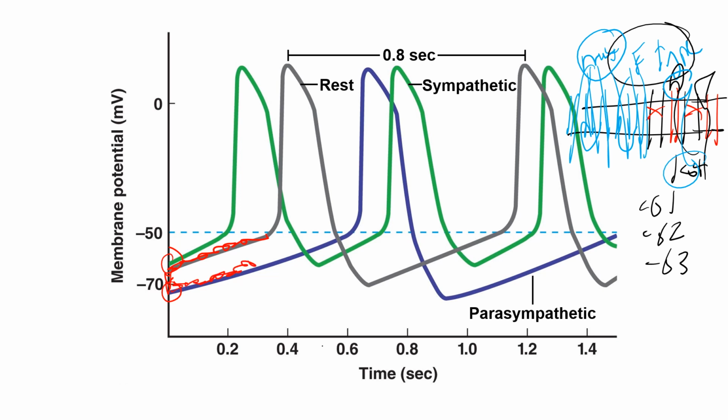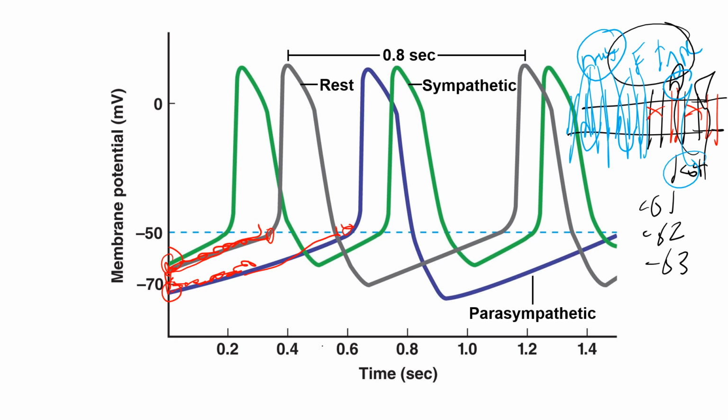But what do you have to do? To get to threshold now, you have to get all the way from -70 to -50 rather than from -60 to -50. So it takes a much longer period of time to go up.